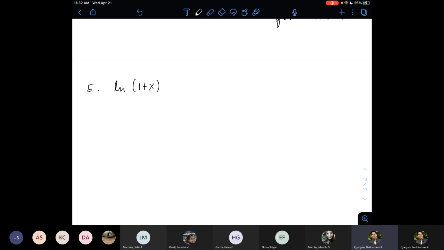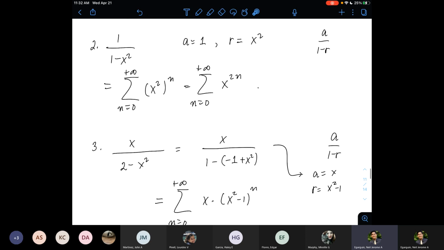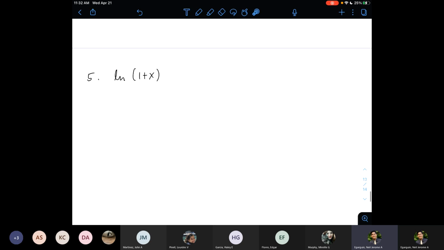So here, I need to find the relationship between ln of 1 plus x and either 1 plus x, which we know the expansion of, or 1 over 1 minus x, right? But here I note, how do we get an ln?